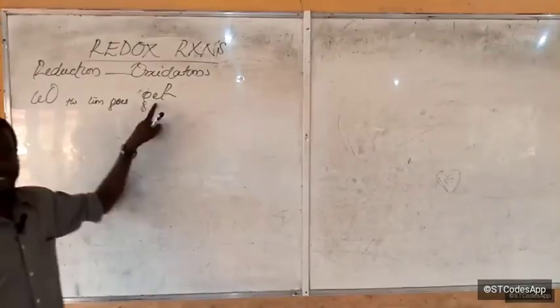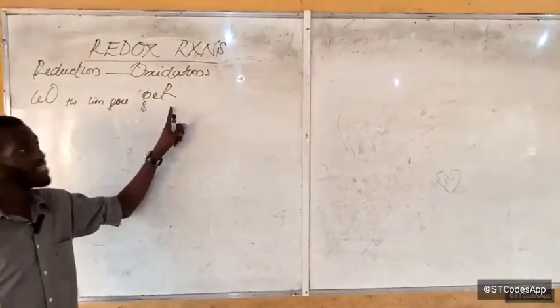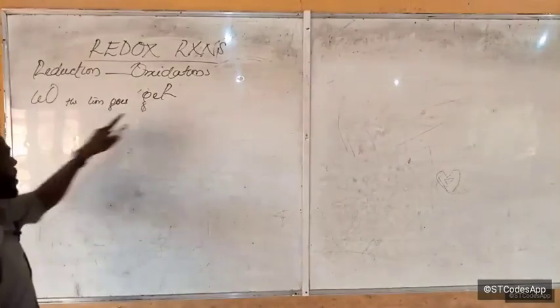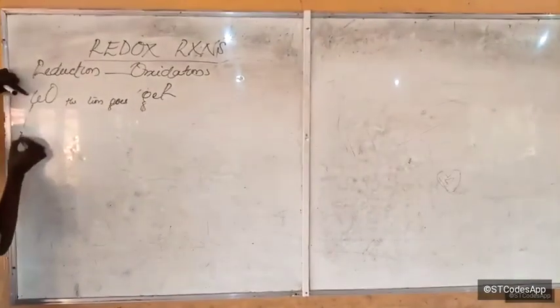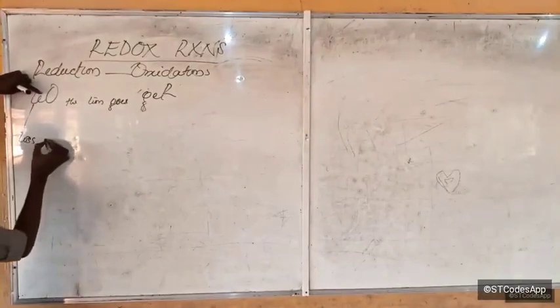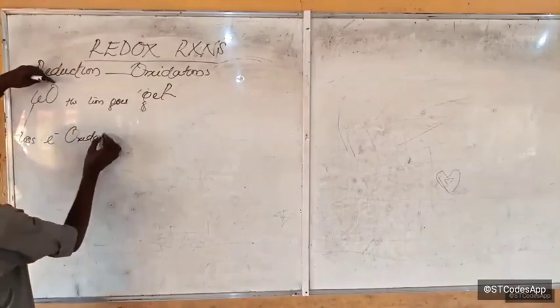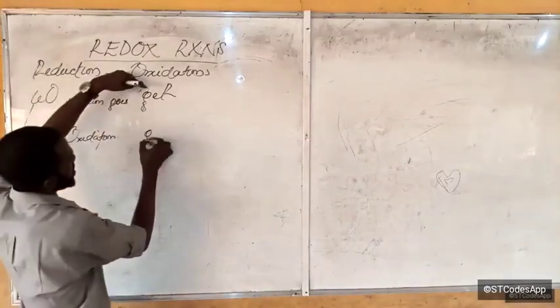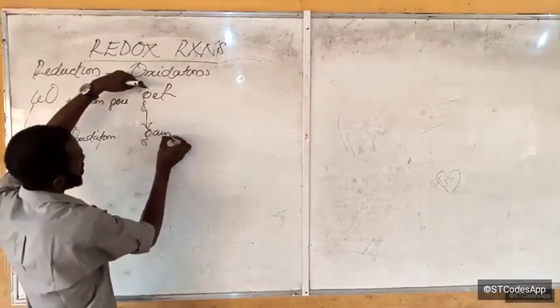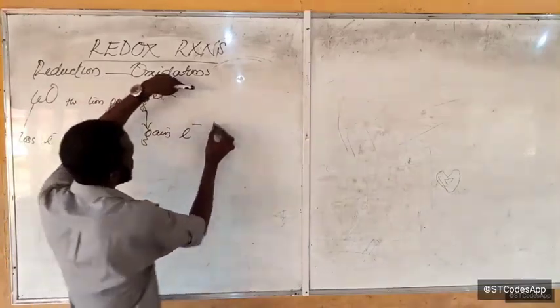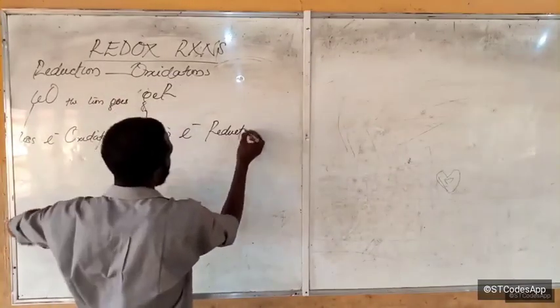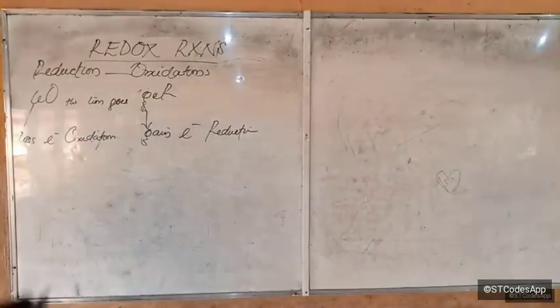Like the sound of the roaring lion, grr. Is that okay? So LEO the lion goes GER. What this means is loss of electrons means what? Oxidation. While gain of electrons means what? Reduction.